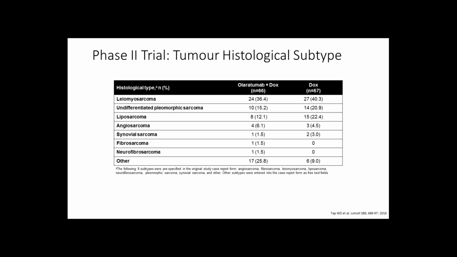Then going down, undifferentiated pleomorphic sarcoma, 15% in the combination, 21% in the single agent doxorubicin arm, and similarly for liposarcoma, 12% in the combination, approximately 22% in the single agent doxorubicin arm. But you can see that there are a fair number of people with other soft tissue sarcoma subtypes, just illustrating the heterogeneity of these diseases. So 25.8% in the combination arm of doxorubicin plus Olaratumab.